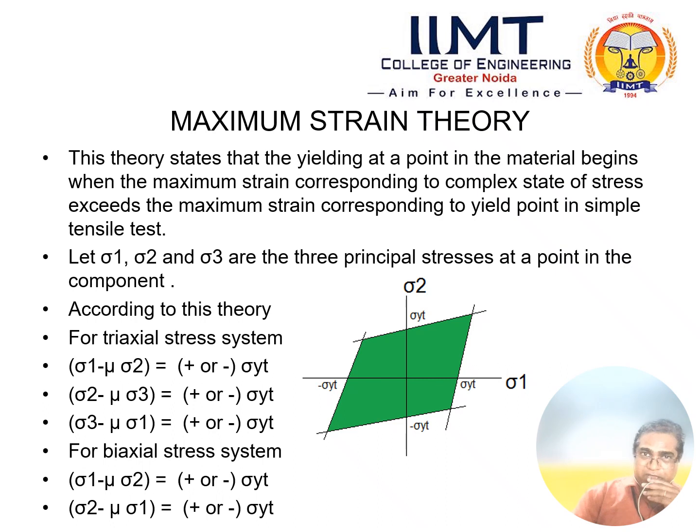Then we use that material for a particular component in a particular machine, and whatever forces act on that component, we calculate the principal stresses acting on it. On the basis of those principal stresses sigma 1, sigma 2 and sigma 3, we compare them with the standard specimen test on the UTM machine.